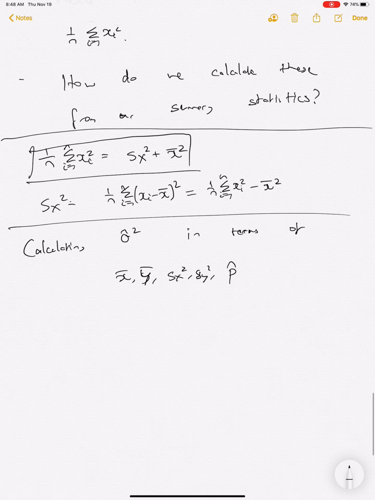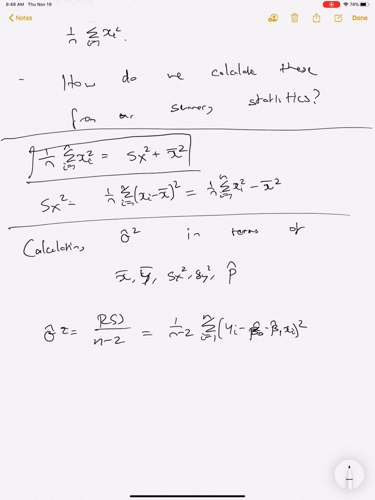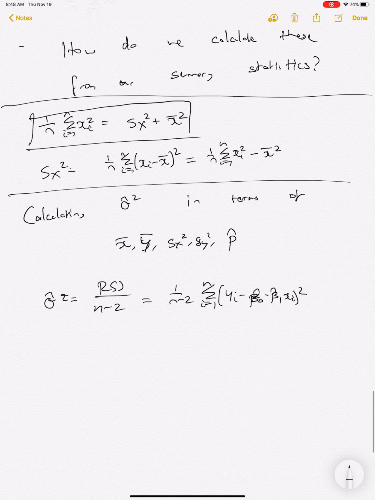So we know that sigma hat squared is equal to the residual sum of squares over n minus 2, so that's 1 over n minus 2 times the residual sum of squares. Let's deal specifically with the residual sum of squares, and then we'll factor in the n minus 2 later.